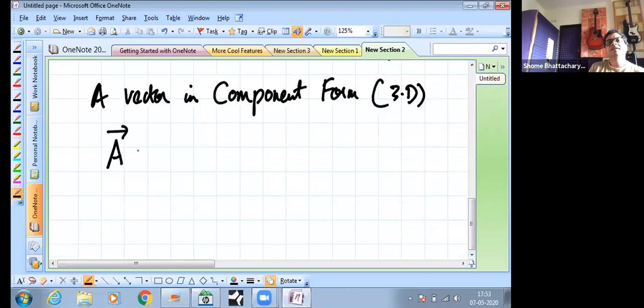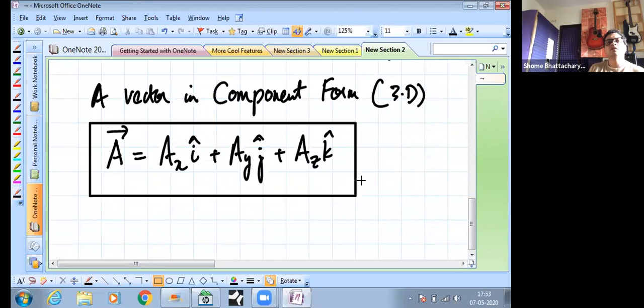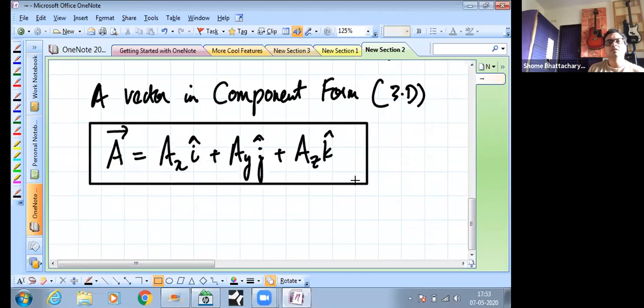We will just have an additional component which is along the z-axis.